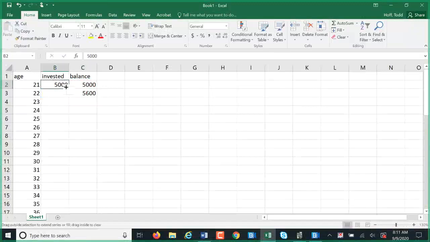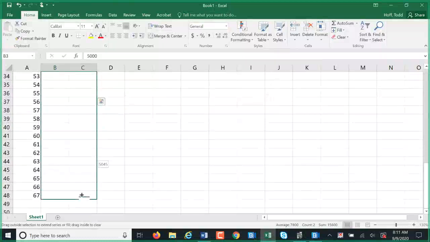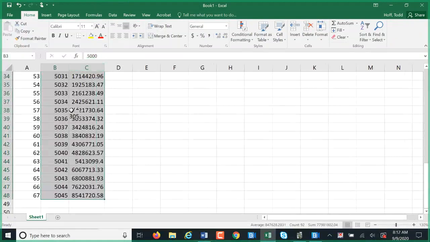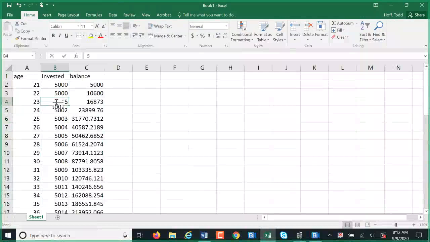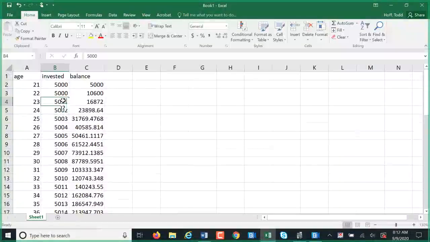Okay, so let's do this. Anybody want to guess if you started at 21 and put away $5,000 a year, what it would be at age 67? Kind of a scary little number. Oops, what happened here? Come on now.